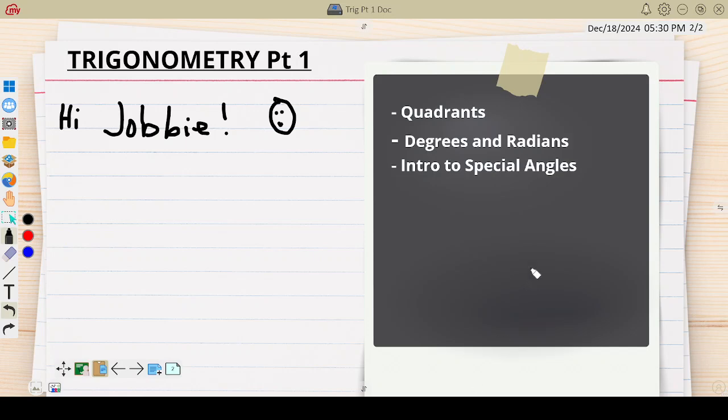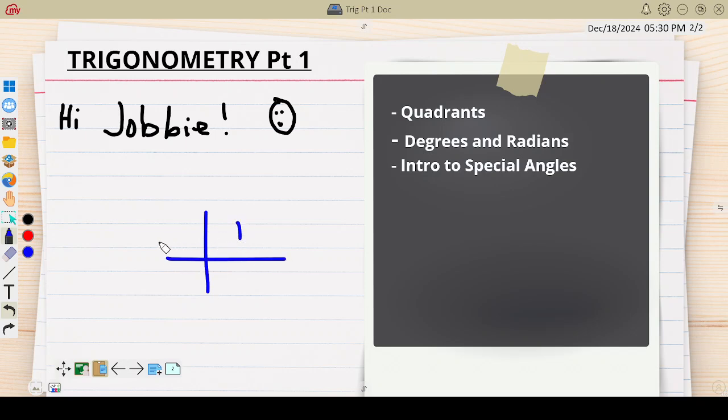In today's lesson we are going to have an introduction to trigonometry. So we're going to look at three things. We'll look at the quadrants, we'll look at degrees and radian measure, and we're going to have an introduction to special angles. So just an overview of what we're going to look at. For the quadrants, you know them very well.